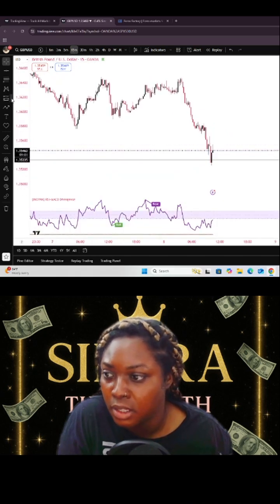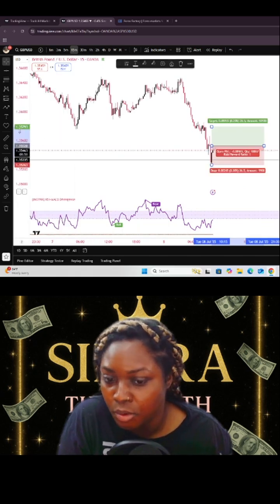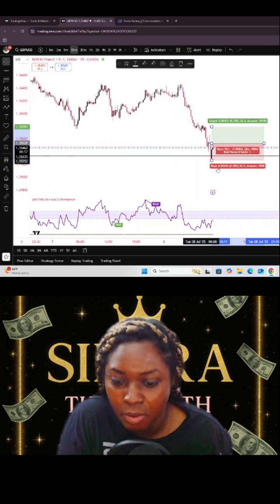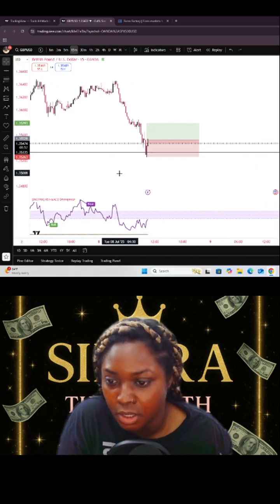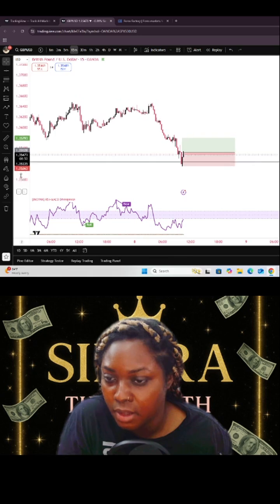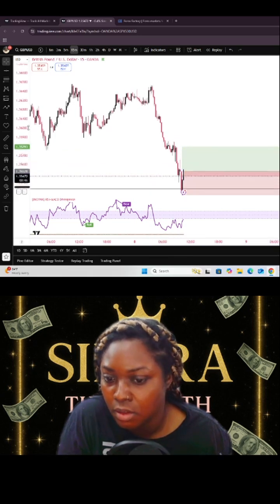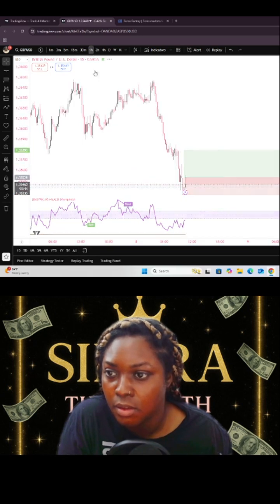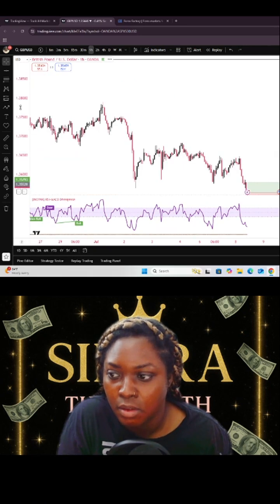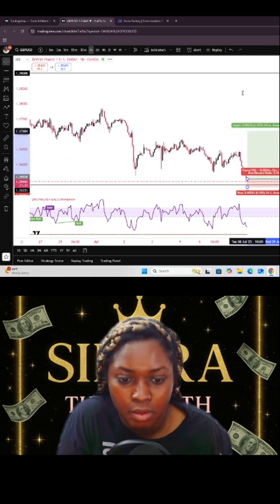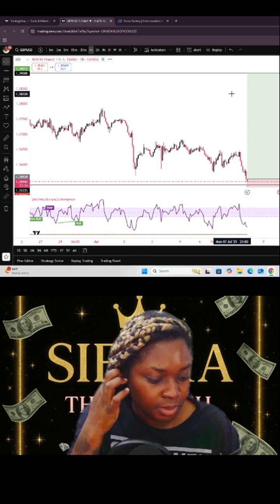We got in at the top of this candle. I'm not too much worried about this pullback here because on my 15-minute, I have a double bottom here in confluence with the 618. This says 300 pips.